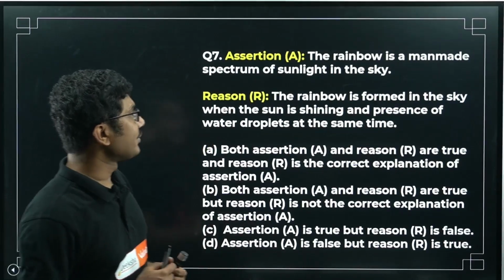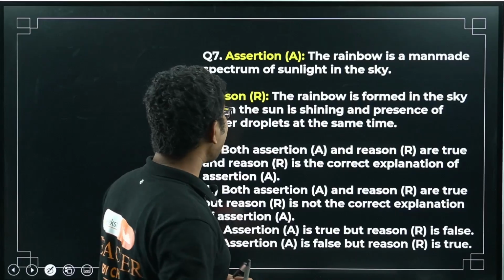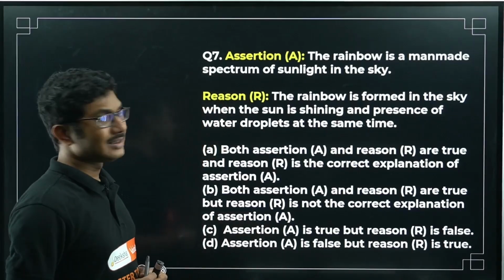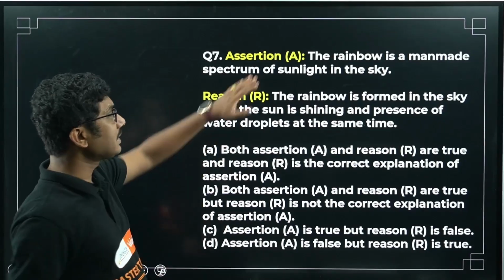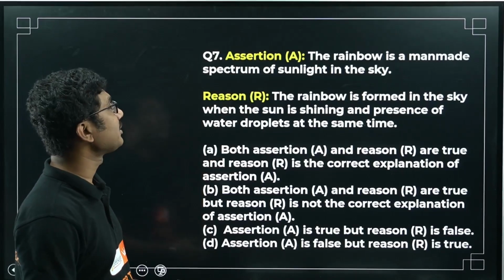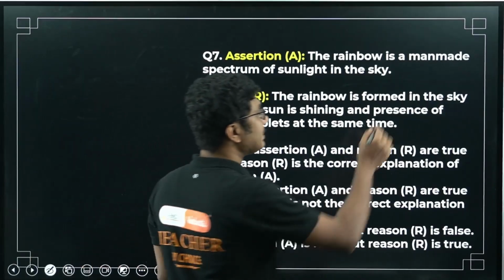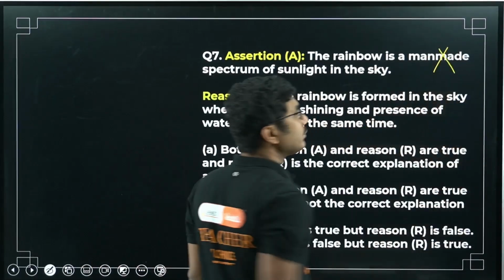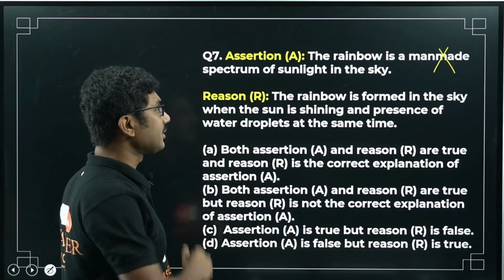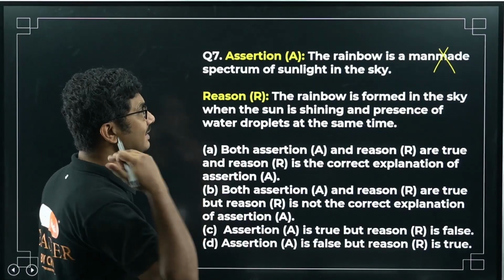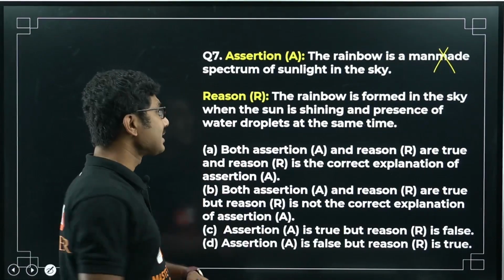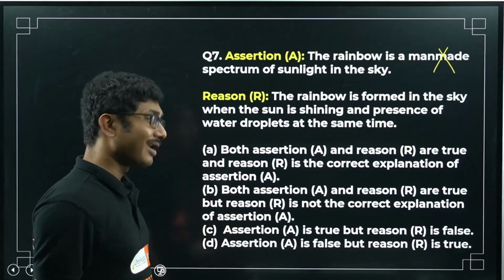Next, another question. The rainbow is a man-made spectrum of sunlight in the sky. So first of all, the assertion, as you can see, says rainbow is a man-made spectrum of sunlight in the sky. It is definitely not man-made, so the assertion is incorrect. First of all, you have identified that this statement is incorrect. Just check if the reason is a correct statement or not.